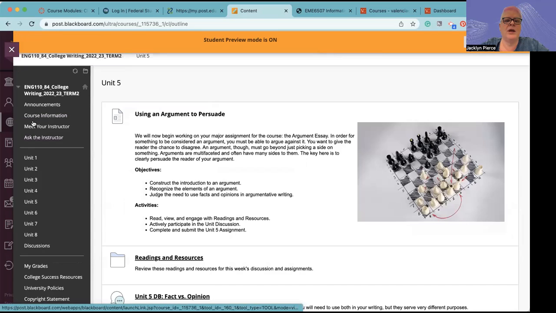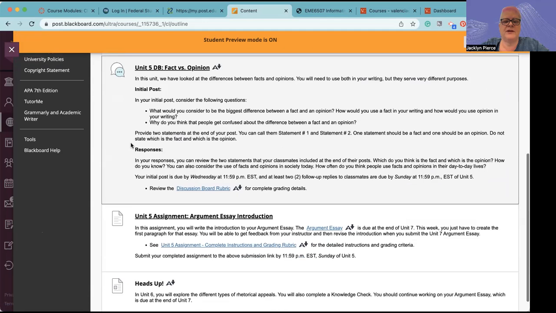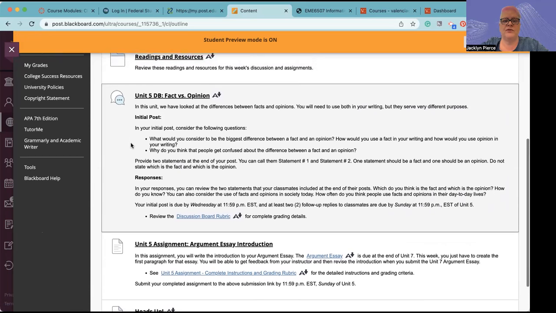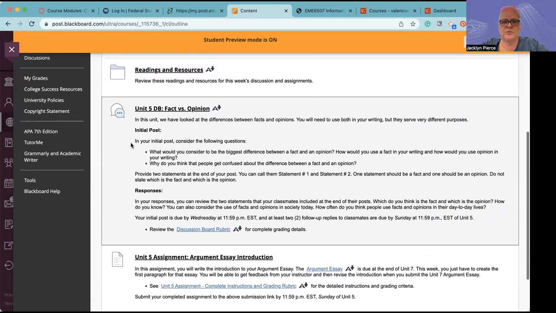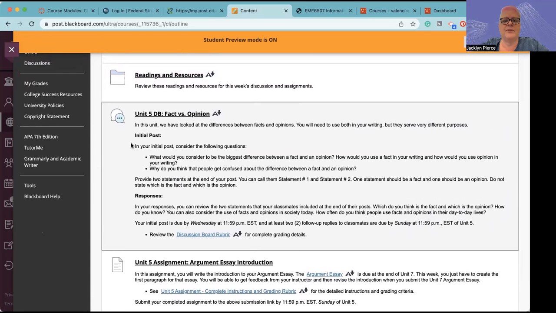And then we go back to the unit and we see the 2 assignments. So you've got, as usual, a discussion board. This one is about facts and opinions. So I want you to do some deep thinking about fact versus opinion. A lot of times in this discussion, people get all caught up on the idea that facts are good and opinions are bad.